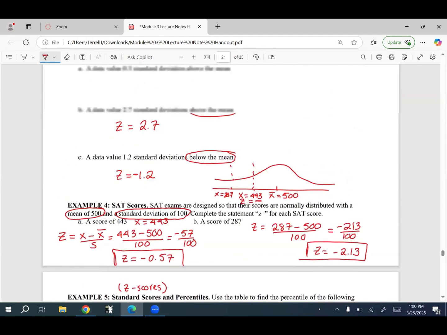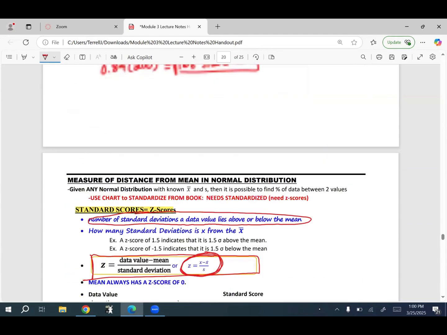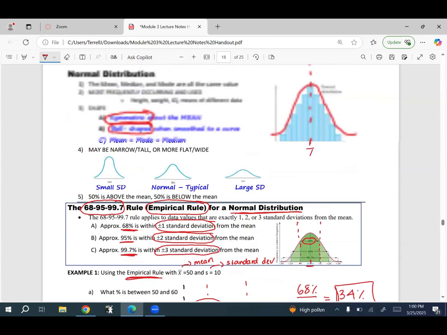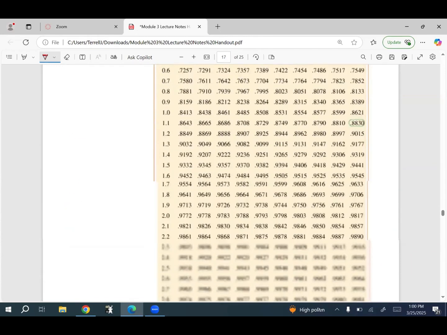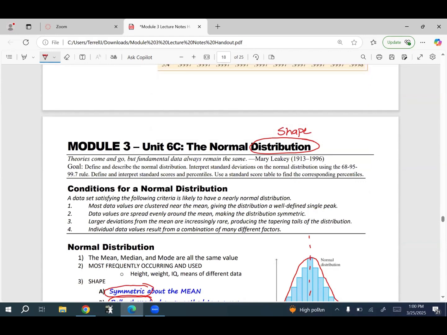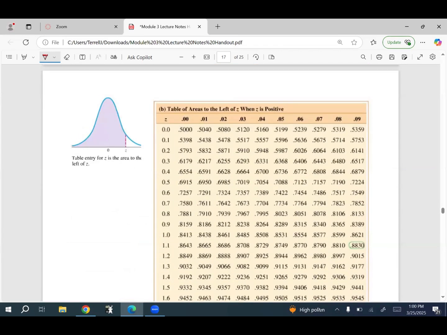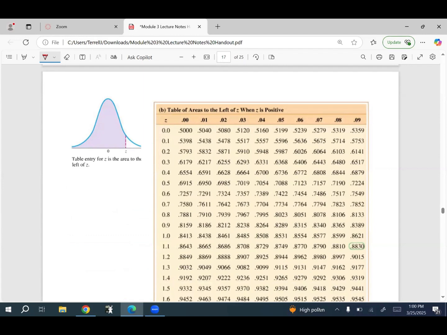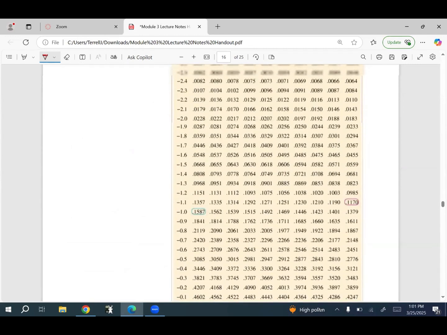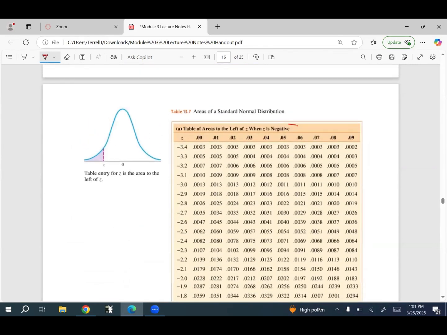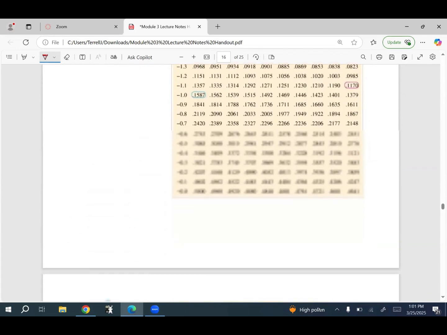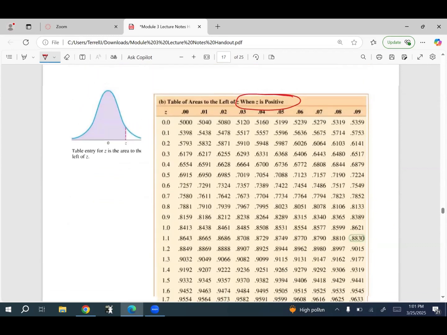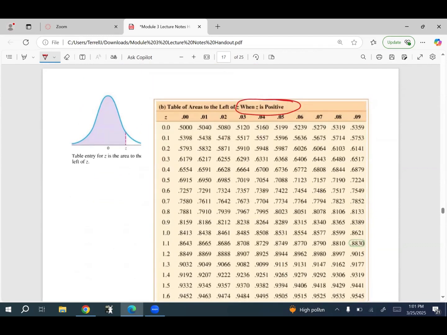Now in our notes, right before I start section 6C, I have a table here. This is our z-table when z is positive. And we also have another table when z is negative. So since our z-score was 0.3, I'm going to go to the positive table, and I want to show you how you read this table.